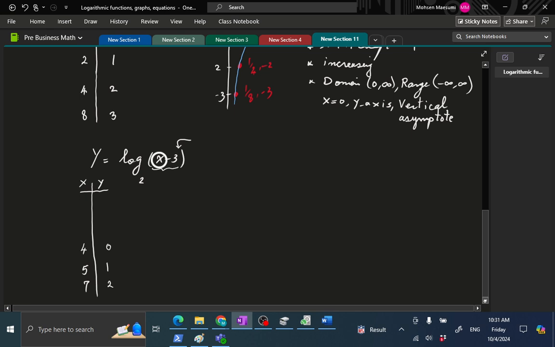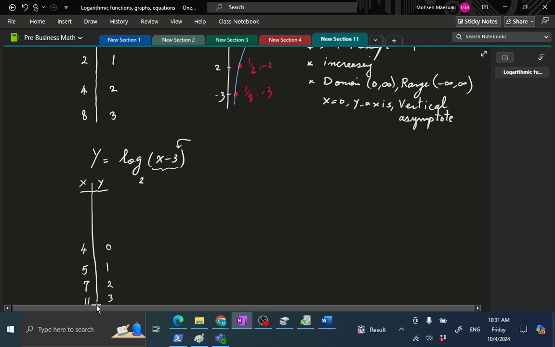And next, x has to be 11, so that when we subtract 3 from it, we get 8, and logarithm of that is going to be 3. So next number up is 11, at which time we get 3. Now notice that these are not doubling as nicely as they were doing here, because they're all kicked around.